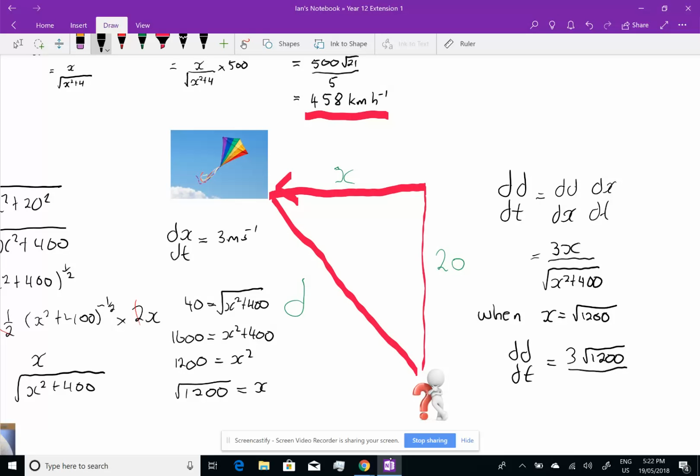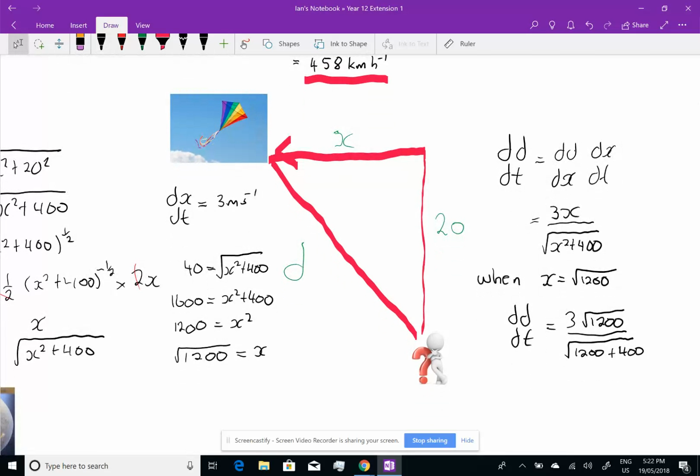Now, this is interesting: when I put 1200 plus 400 in, because that's what x squared and the 20 squared is, I'm just going to get 40 on the bottom, which gives me 3 root 1200 on 40.